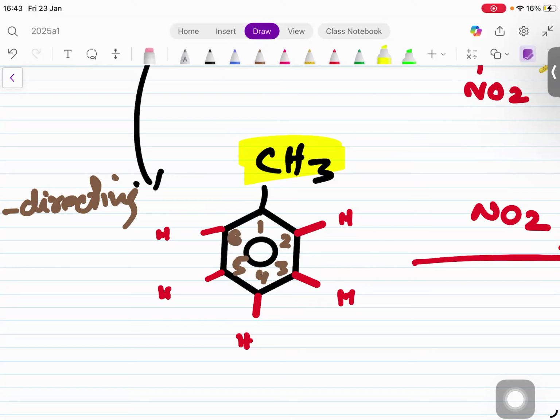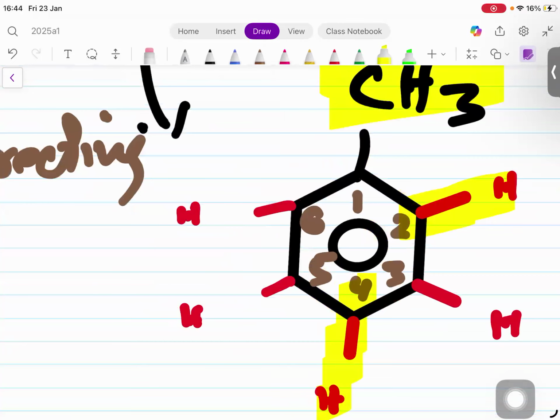So it means the further substitution will be directed at 2 or 4. So now NO2 will necessarily substitute at either carbon number 2 or carbon number 4. It cannot be substituted at what? 3 and 5.